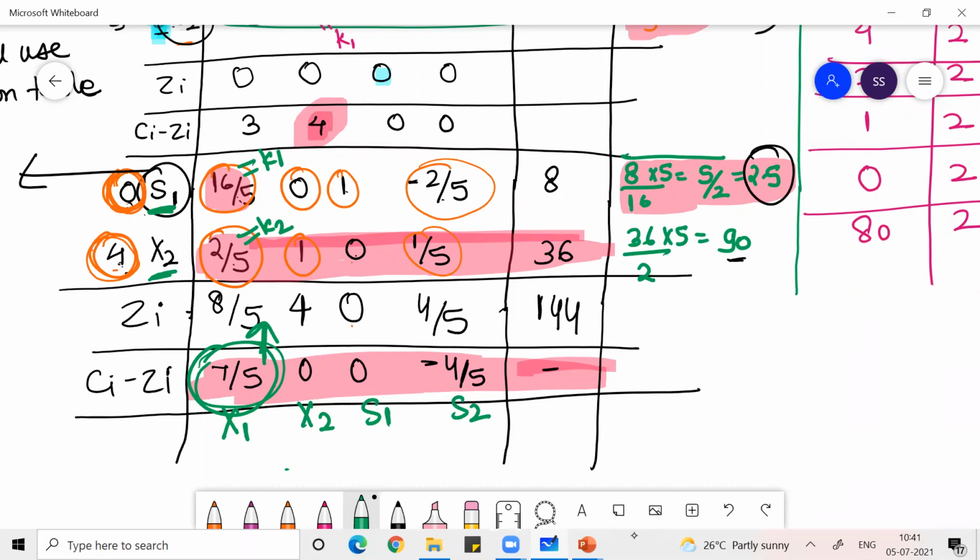Clear everyone? Can I go ahead? The same steps will keep on repeating till the time we don't get Ci minus Zi all negative or zero.